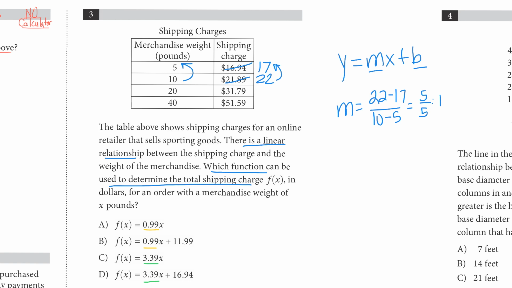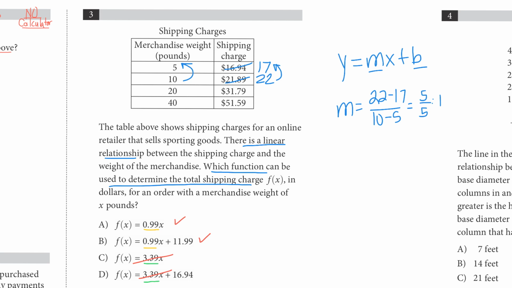So what that tells me is that it can't be this 3.39. So it's either A or B. So it's going to be either this one or this one. And the difference between A and B is that one has a y-intercept of 0 and the other one is around 12.